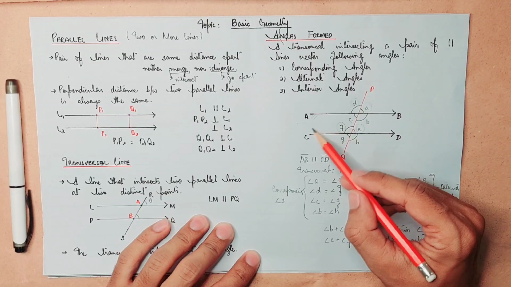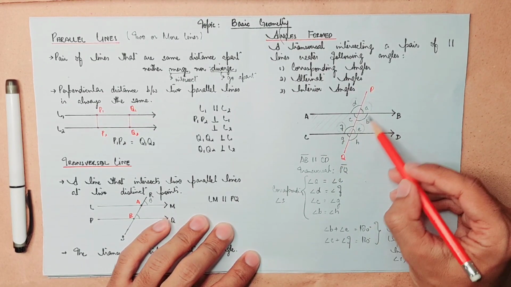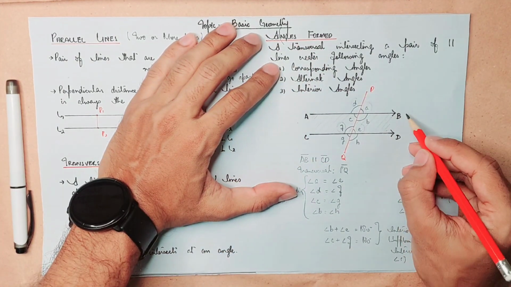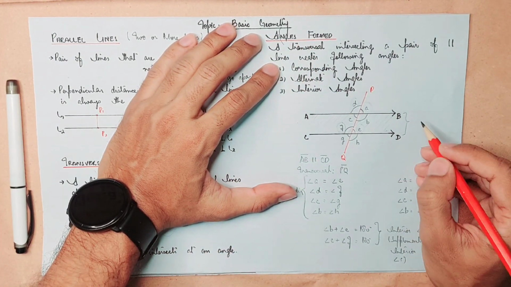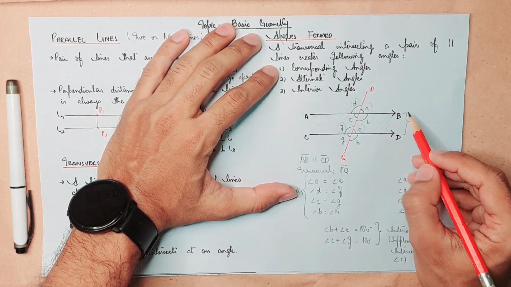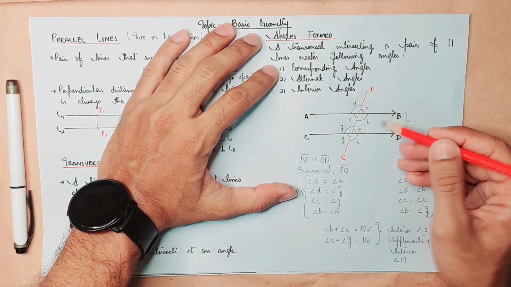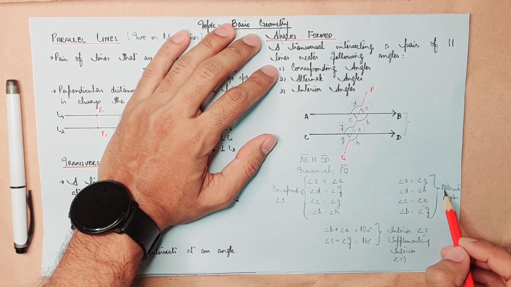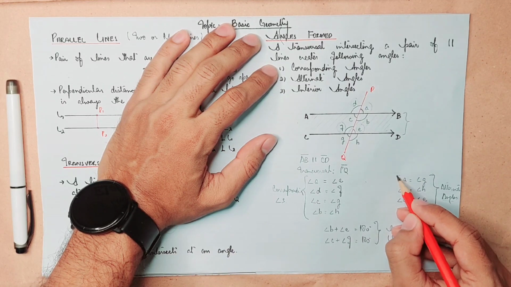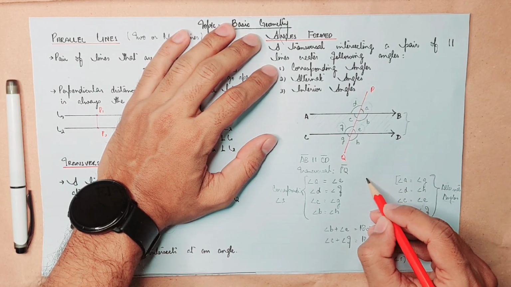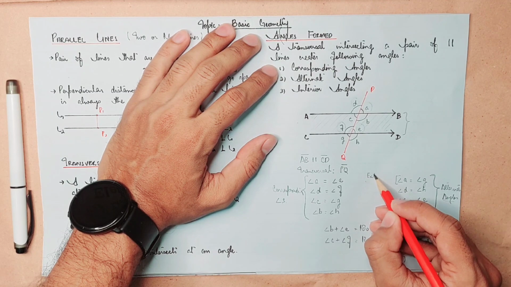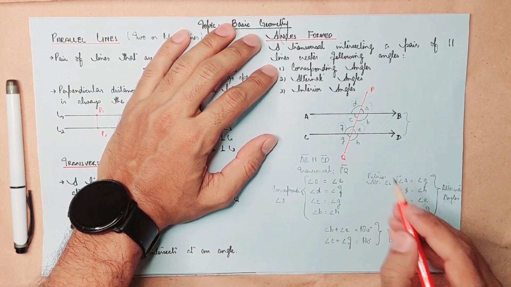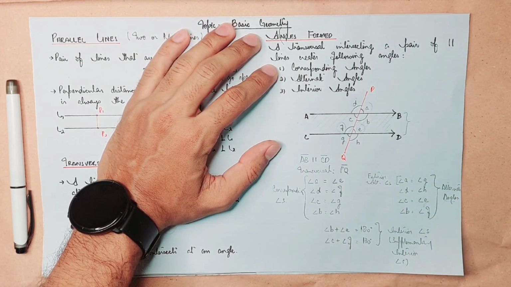If I shade the area between these two parallel lines, any angle produced in between these lines forms the interior angles, and any angle produced outside this region is called an exterior angle. So if angle A and angle G are equal by the property of alternate angles, they are exterior alternate angles, because they are produced outside of this shaded region.